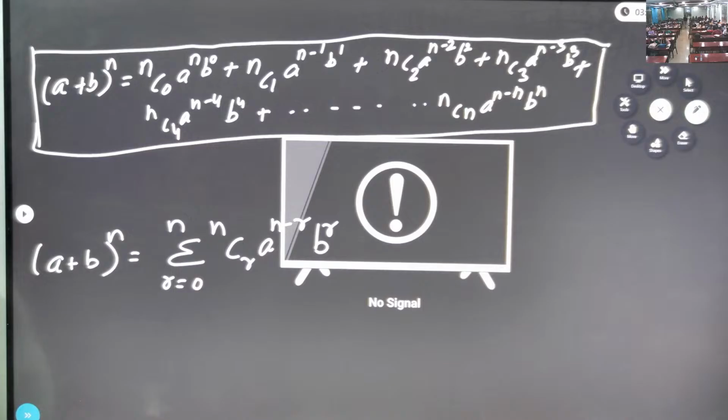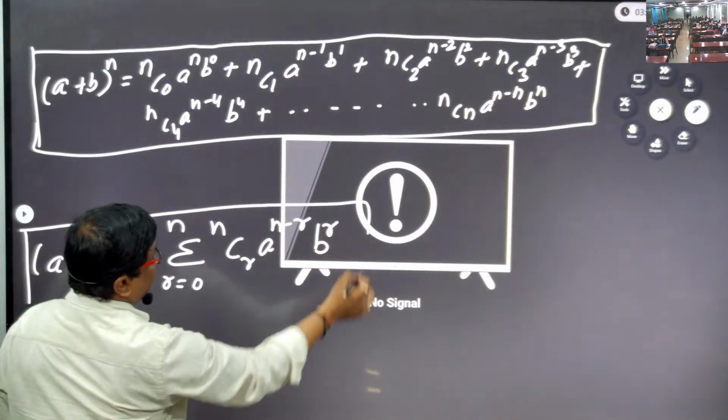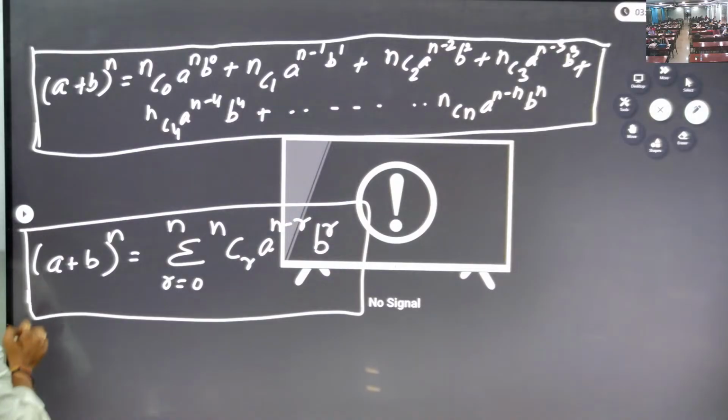Okay, this is our binomial equation. So these two lines are our binomial equations. You can write the top one or you can write the bottom one.